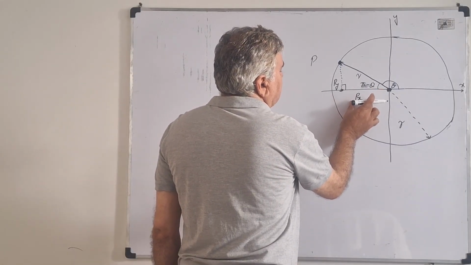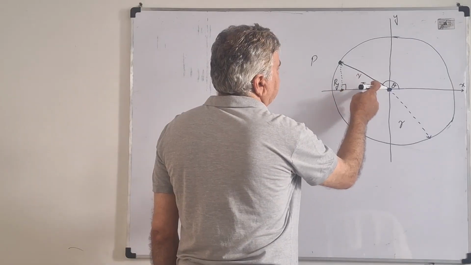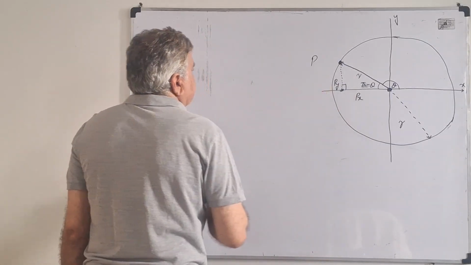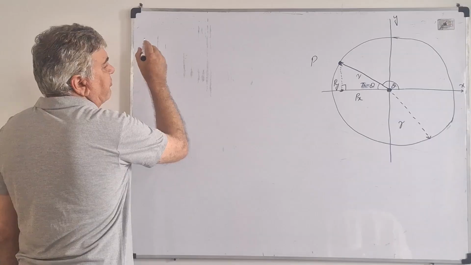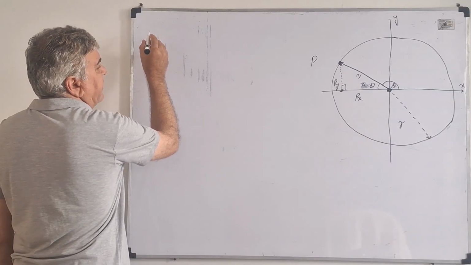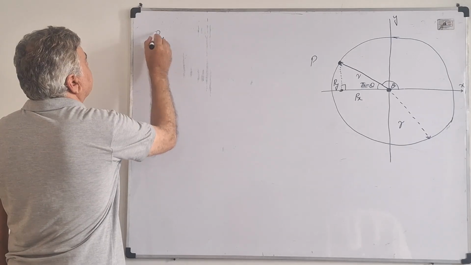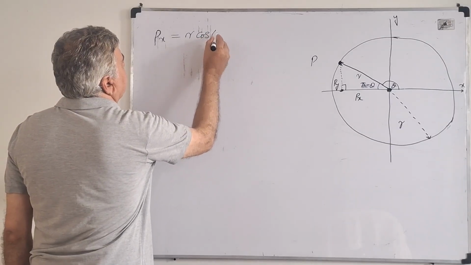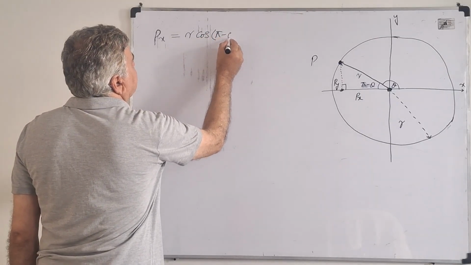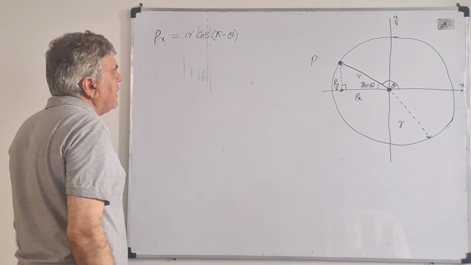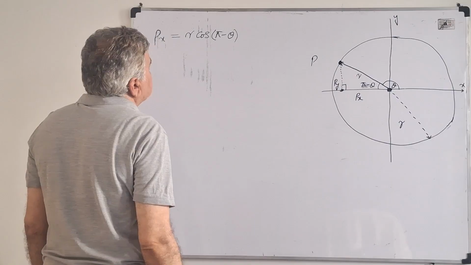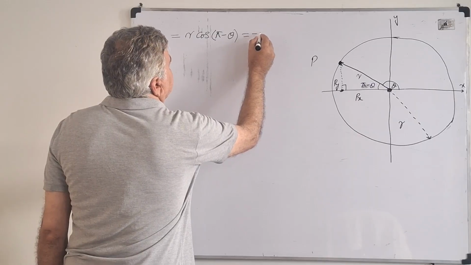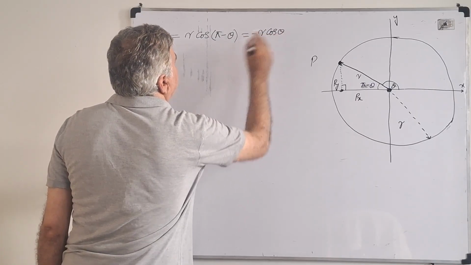Therefore I can find p sub x and p sub y in terms of these two parameters. P sub x is the base, so using the ratio of the sides, I can write p sub x equals r cos of pi minus theta, and r cos pi minus theta equals minus r cos theta.